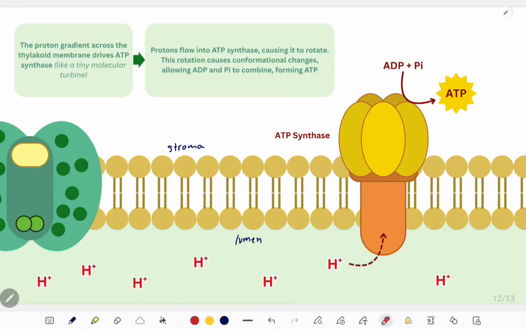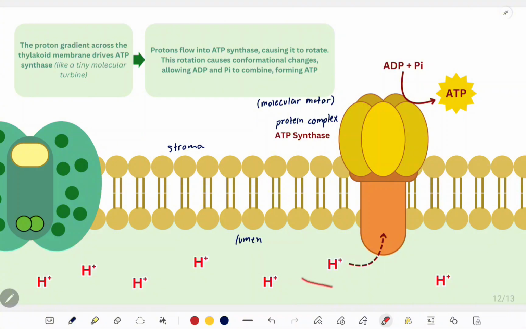ATP is synthesized with the help of ATP synthase. This is a protein complex that consists of various subunits. You can think of ATP synthase as a molecular turbine or molecular motor that just spins and spins and spins.